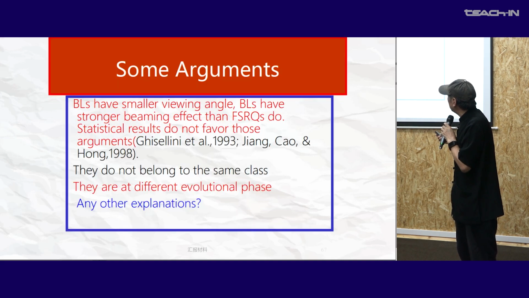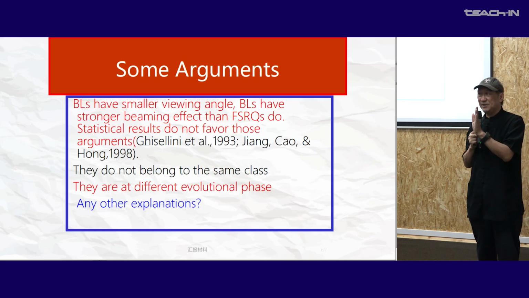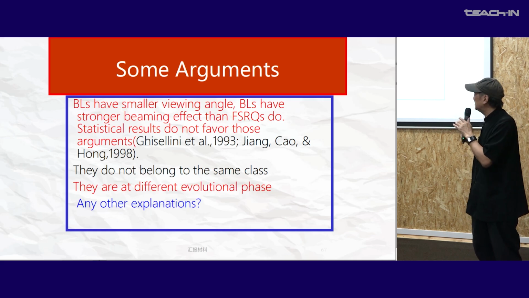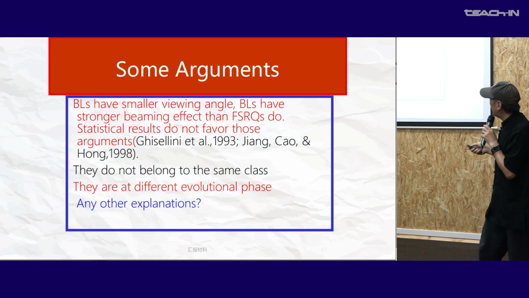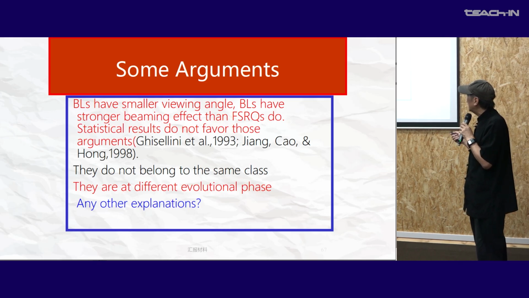There are some arguments about the difference between blazars and FSRQs. Someone proposed that blazar objects have a smaller viewing angle, and in this way blazar objects have a stronger beaming effect than FSRQs do.